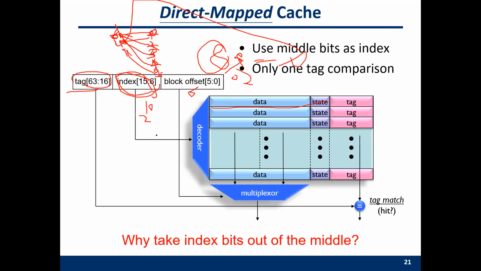So why do we need to take these bits out of the middle? Why do we not use these bits as the index, or these bits as the index? Why do we select some bits from the middle? This is because by doing this, we can take advantage of the spatial locality and the temporal locality simultaneously.